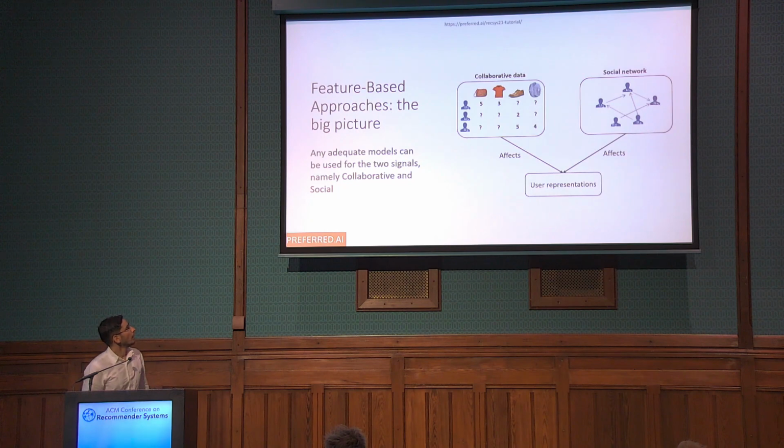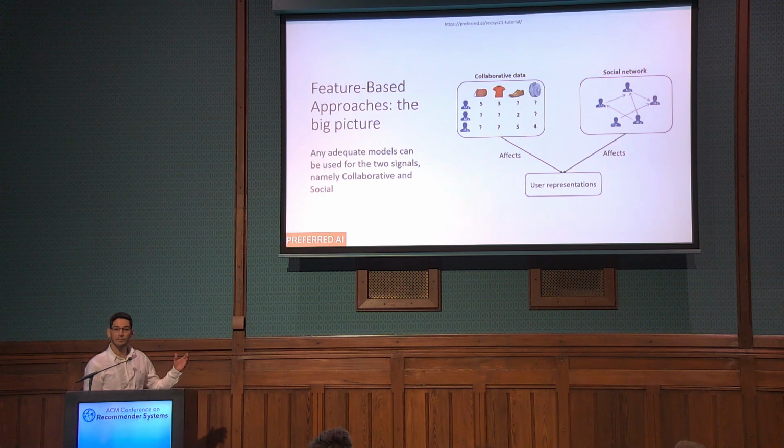Okay, so let's start with the first family, the feature-based approaches. The big picture is like this. You have two signals, collaborative filtering data and social network. Both signals will help you to build the user representation. Then once you build this user representation, you can combine it with the item representation, for example, with matrix factorization to explain the ratings.